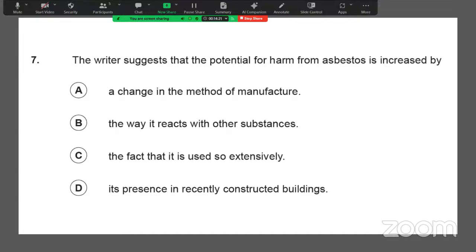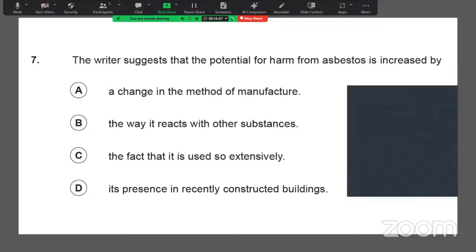You have to find out one word from the question, one word from A, one word from B, one word from C, one word from D. Yes, you can write it like this: number 7 and the word.